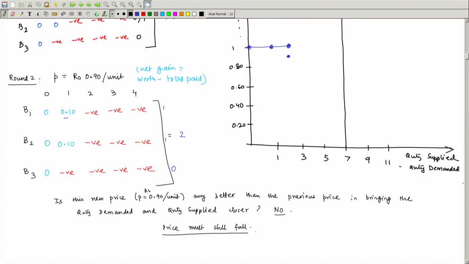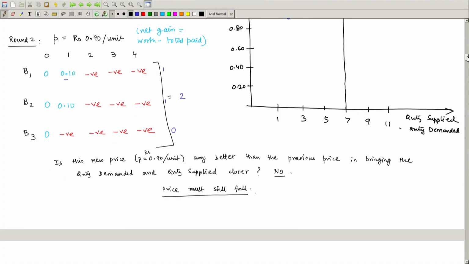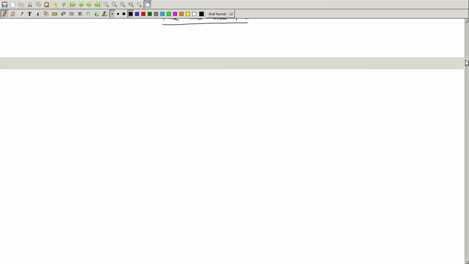So, let us take a third price, and I am going to take a price of 0.5 because it is going to tell us something interesting. Okay, so round 3. So, let us look at round 3, and I take a price of P equals rupees 0.5 per unit. And as before, let us have the same information about the buyers.